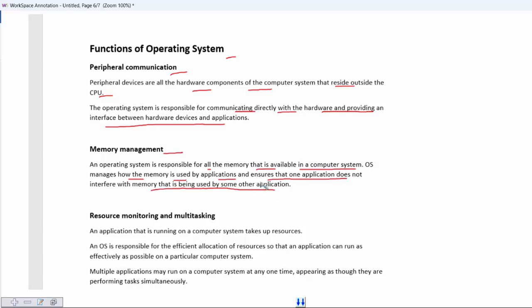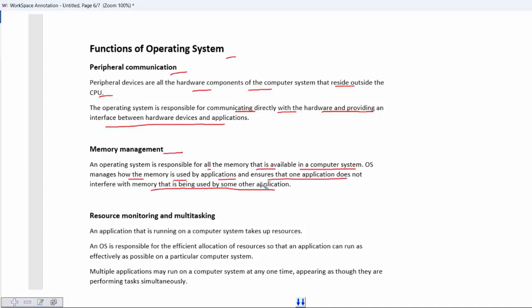For example, if one application interferes with another application's memory, the latter may stop functioning, or its data may be affected or overwritten. So the OS manages that memory so that applications do not interfere and no data is lost.